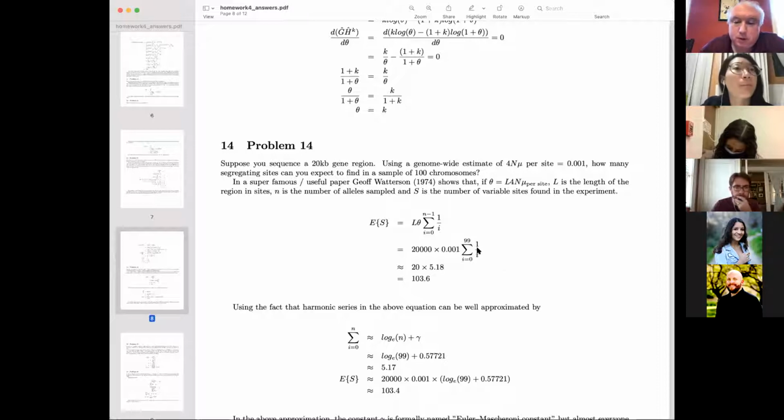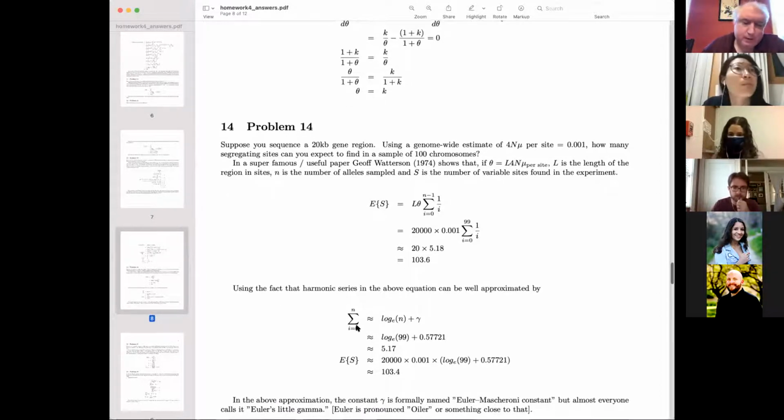This sum, from I equals 1 to n minus 1 of 1 over I, is very, very close to the natural log of n. It's really shockingly close.